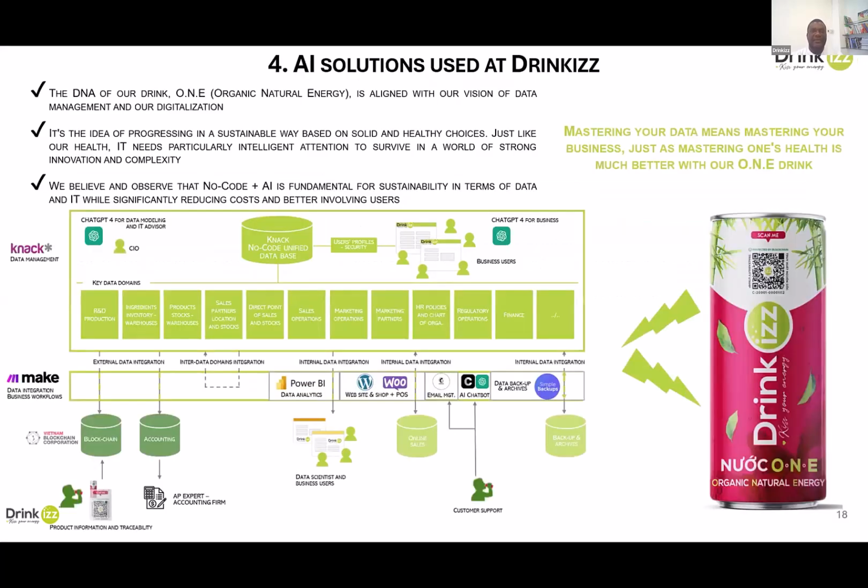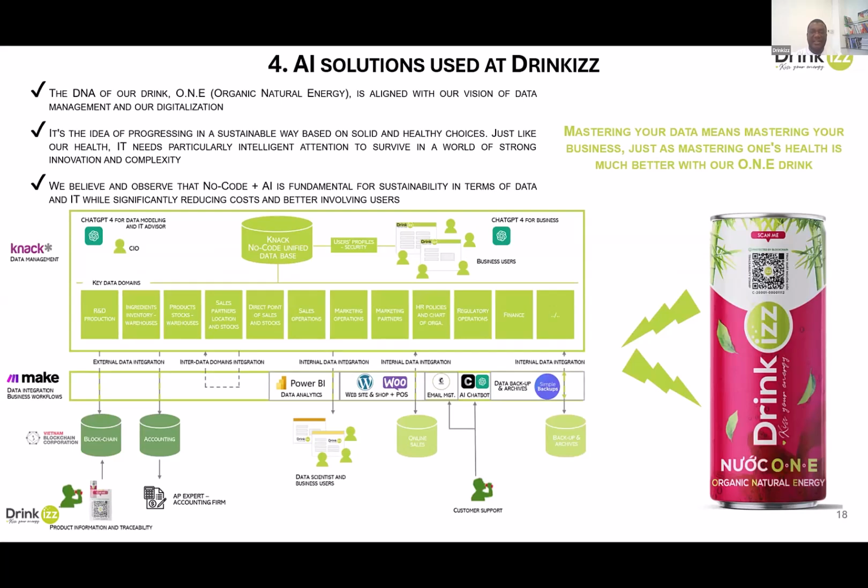So now, let's see the AI solution applied at Drinkizz. At Drinkizz, our organic natural energy drink, which we call O.N.E drink, represents more than just a beverage. It represents the innovation and the technology around no-code and AI that we use to improve our business and customer experience.